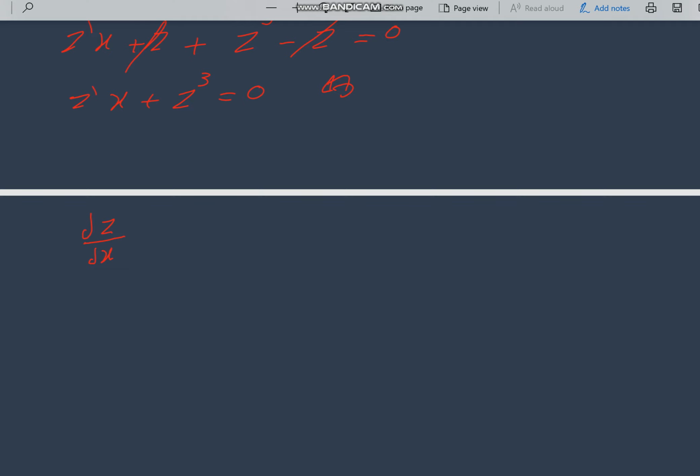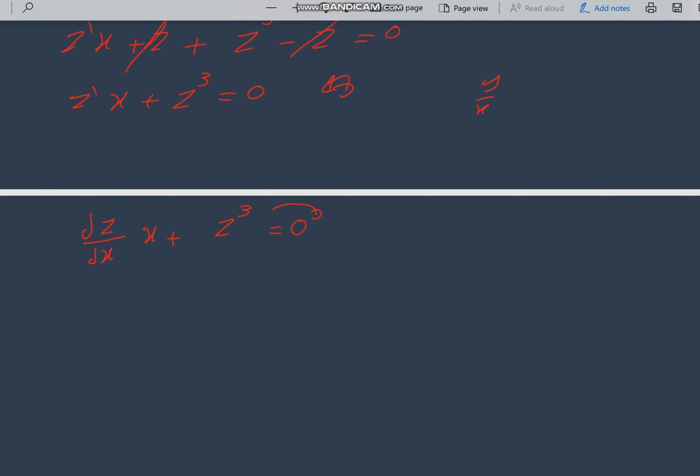So first, try to write everything in terms of y divided by x. Second step, put z equal to y over x and change the differentiation. Now everything will be a separable differential equation: dz divided by dx times x plus z cubed is equal to 0.